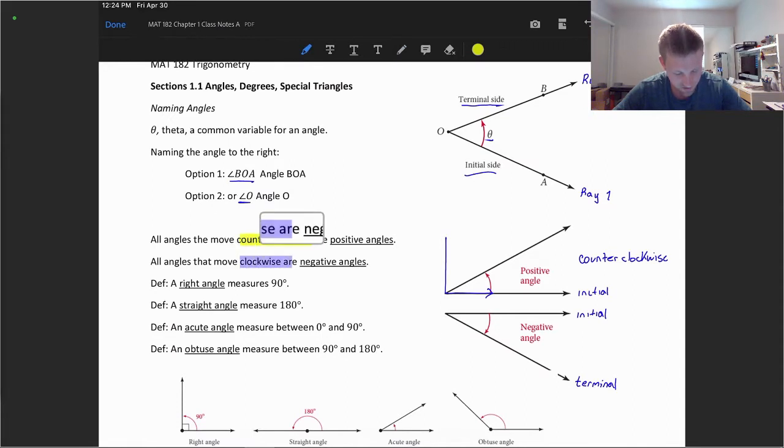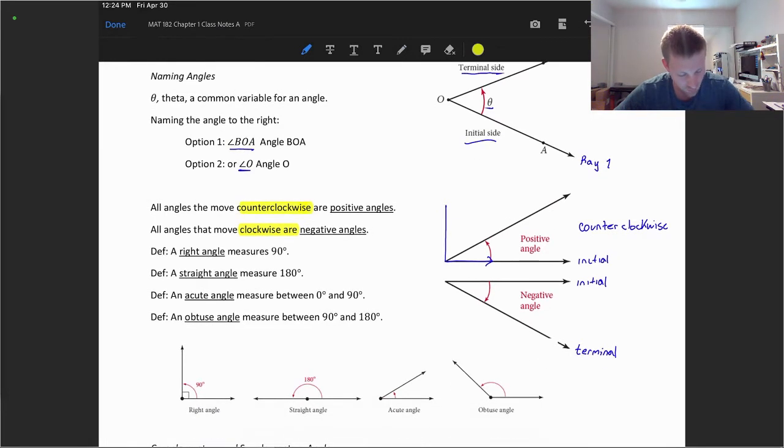There are some specific types of angles that we'll also want to be referring to. The right angle is the angle of 90 degrees. We see that in our first picture on the left. The straight angle is 180 degrees. It looks like a straight line with a pivot point in the middle or a vertex. And we have acute angles.